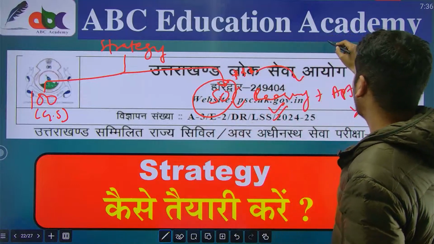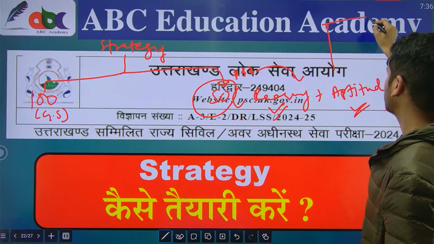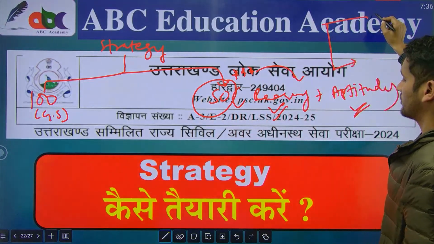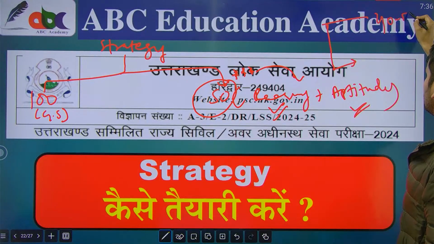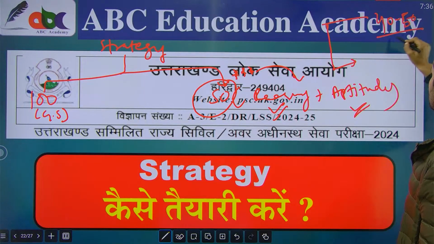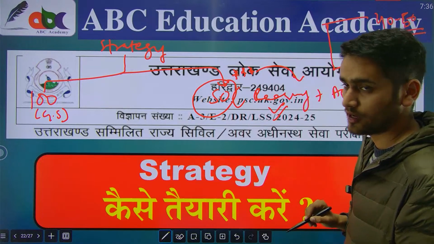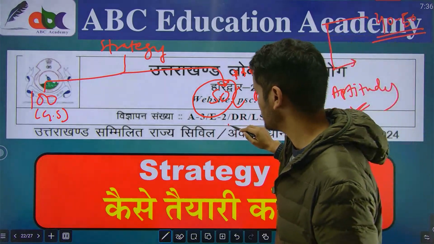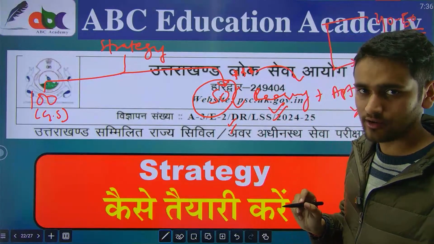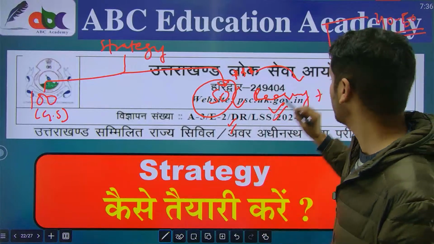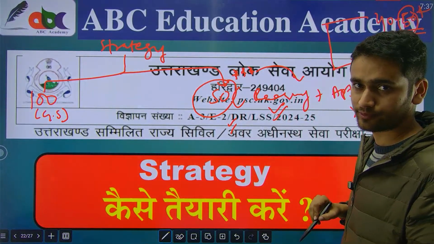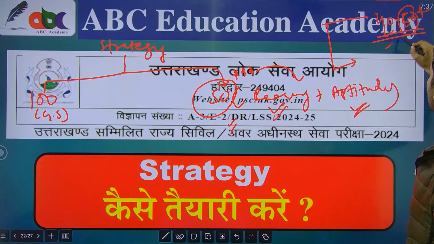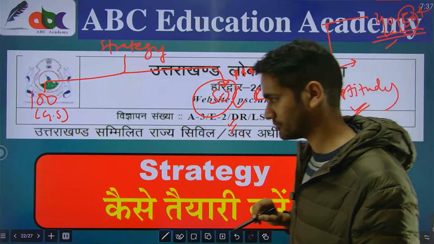What I am expecting is you should score between 40 to 50 marks. In reasoning, it is very easy. If you practice it, you can even score 50 out of 50. But a score between 40 to 50 would be good.